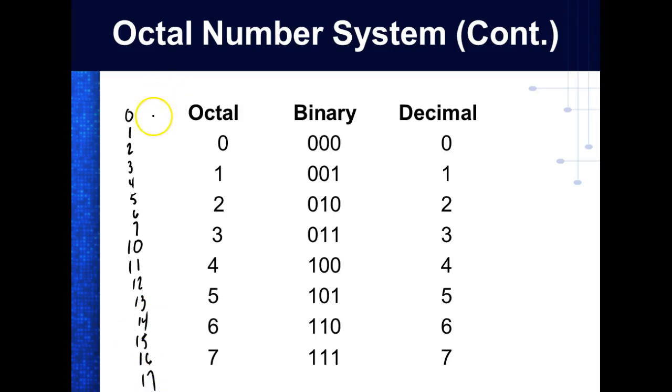What would come next? 2, 0. There's no such thing as 1, 8, right? And I know it's hard because in your brain you're thinking decimal. 2, 1, 2, 2, 2, 3, 2, 4, 2, 5, 2, 6, 2, 7, 3, 0. Good, yeah. So this is the way we count.